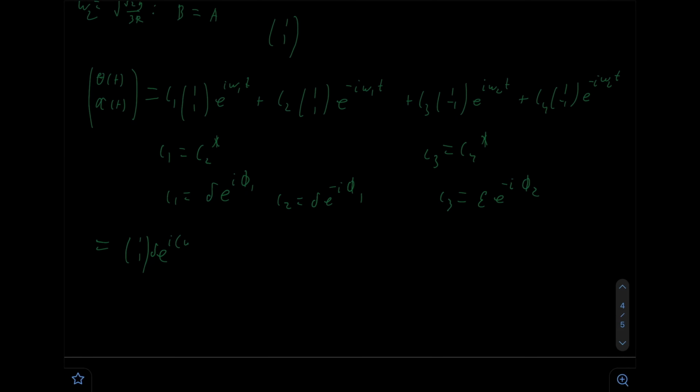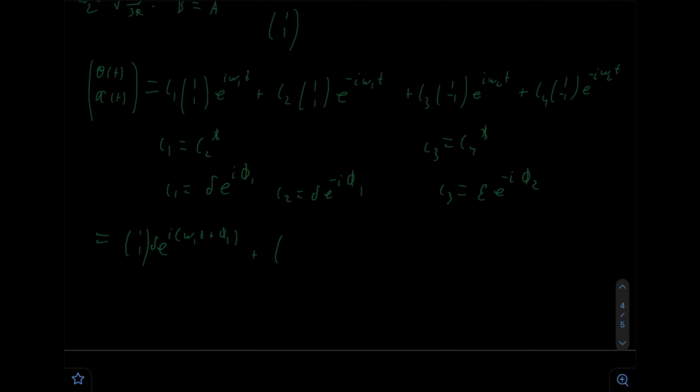So we'll have an I times omega 1 t plus phi 1 plus 1, 1 delta e to the negative I omega 1 t plus phi 1, then 1, negative 1 epsilon e to the, wait, I meant this should be positive, e to the I, so that means that C4 is epsilon e to the negative I phi 2.